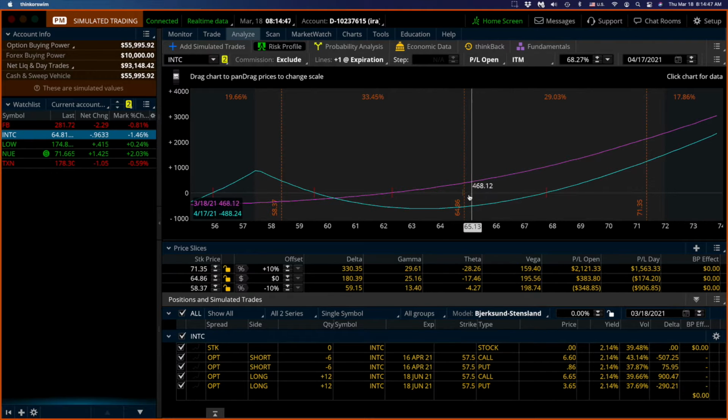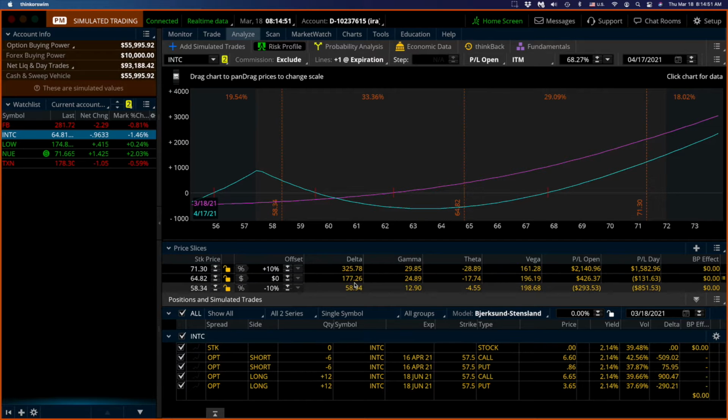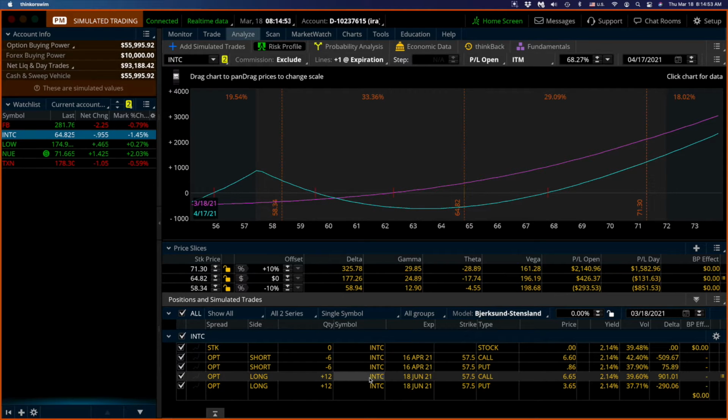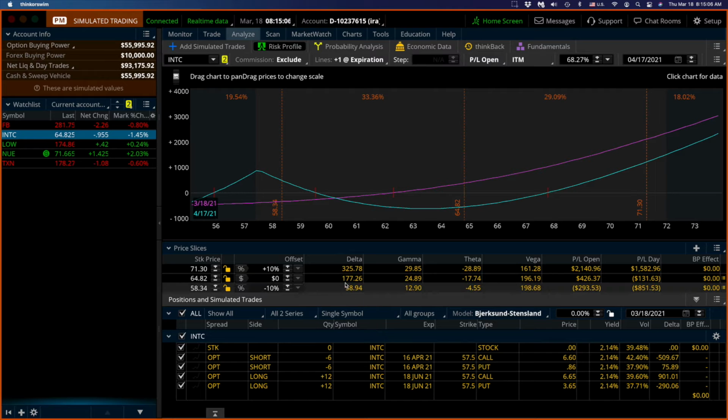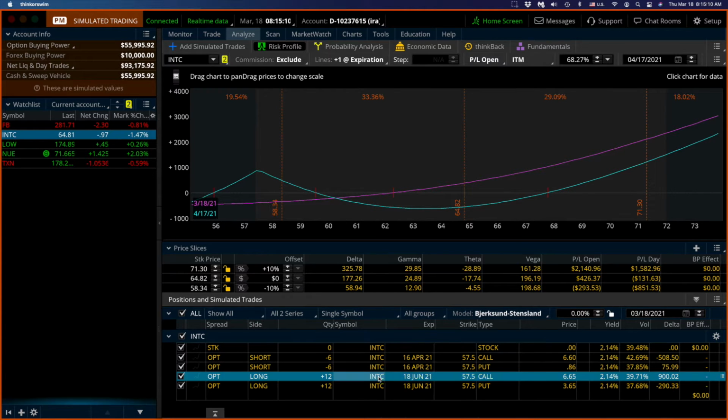So what we want to do is neutralize my delta. Right now it's 180. So by selling a couple of calls, I don't really have to roll them up, because then you would be rolling up 6, and that's commissions. You're better off just selling 1 or 2, as long as you are able to neutralize your delta. Probably it would take 2 of those.